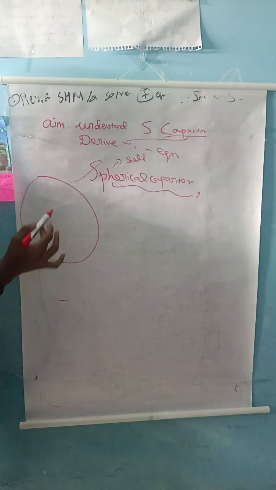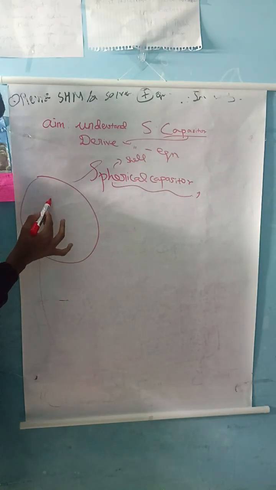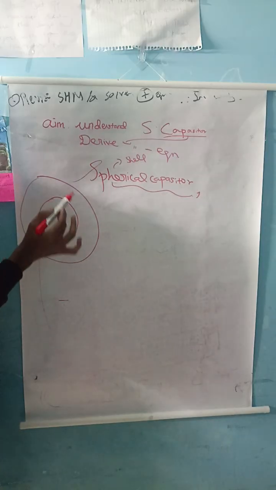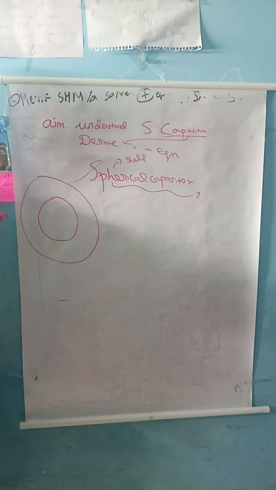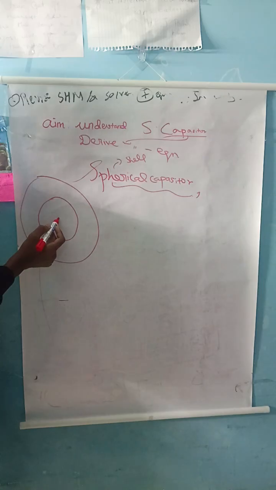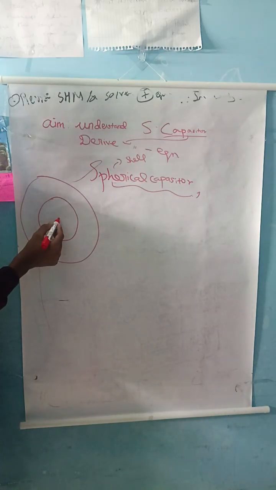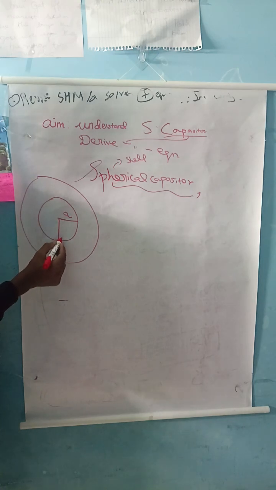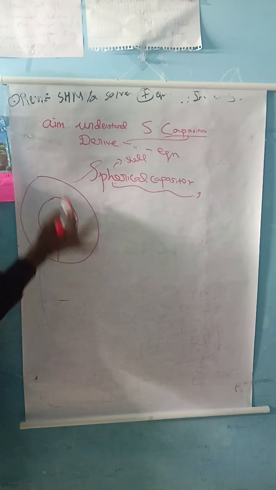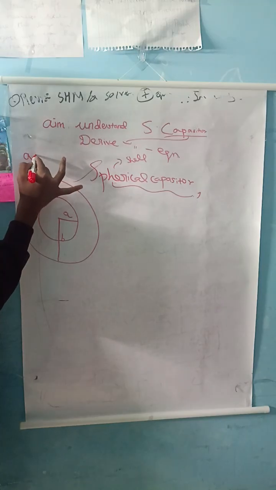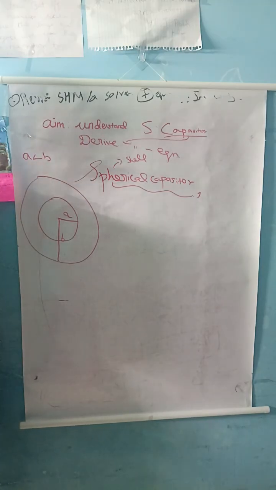Inside of it, there is also another spherical shell, around a central point. The radius of the small sphere is a, and the big sphere is b. And we know that b is greater than a.